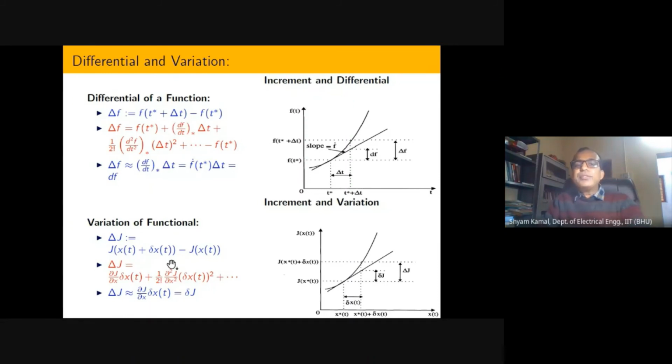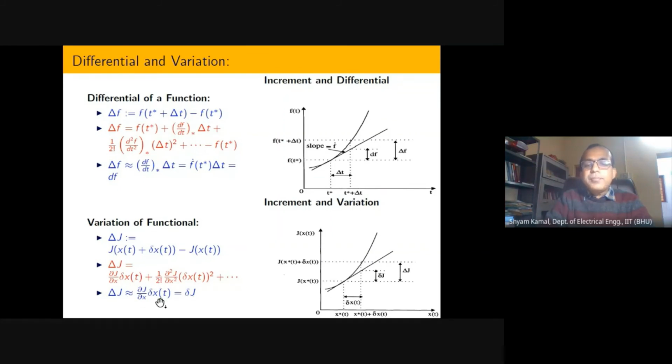Due to that reason I have to take the increment inside the function. So x of t is incremented by delta x of t. And I'm assuming that the Taylor series expansion should be satisfied. For that, a continuity requirement is obvious. Now again you can see that after doing the Taylor series expansion I will get this kind of thing.